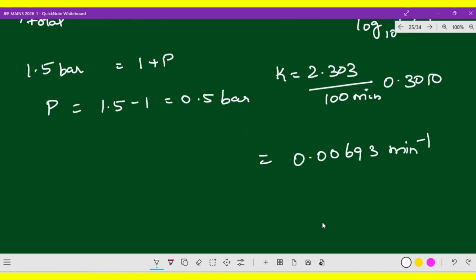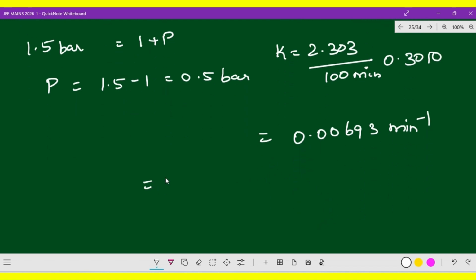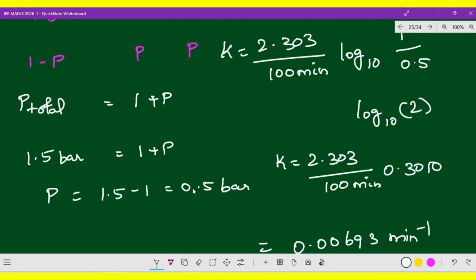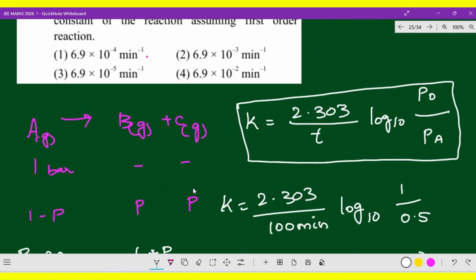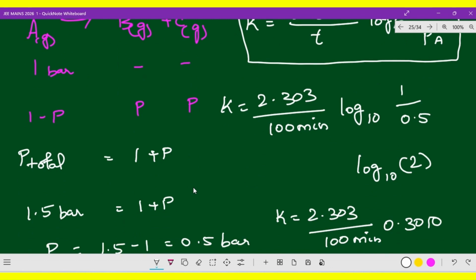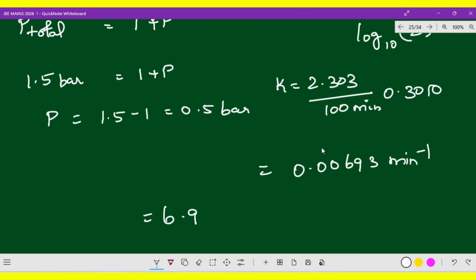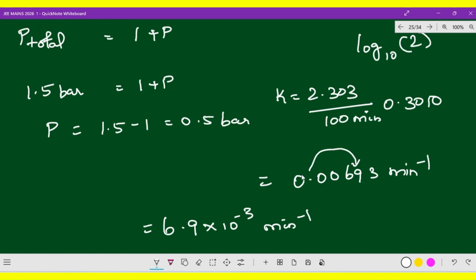Now how can you bring it here? It is 6.93 times 10 to the power of minus 3 minute inverse, because the two zeros after the decimal point give 10 to the power of minus 3.